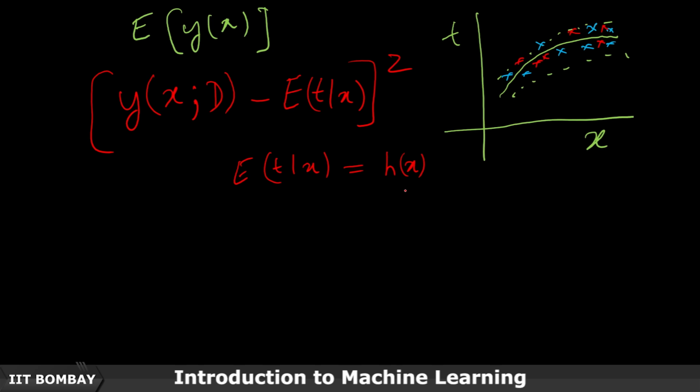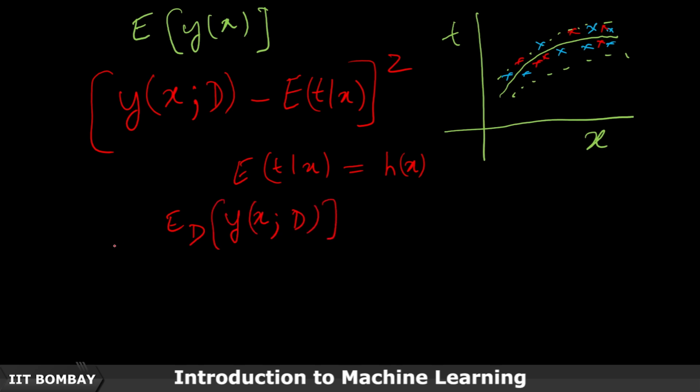So essentially what we will do is add and subtract a term. That term will be the expected value, given the data, of y as a function of x and d.